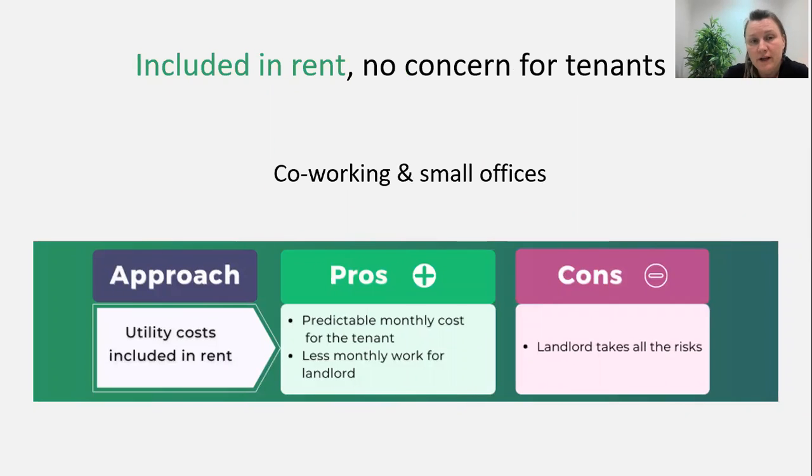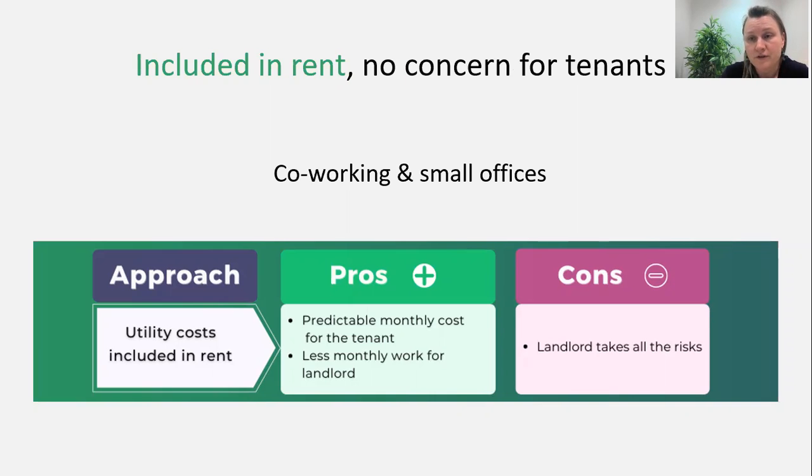Now, first of all, if the costs are all included in the rent and it's no concern to the tenant, this effectively is usable in situations where the costs are more predictable. This means that we're mostly seeing this in the case of co-working spaces and small offices, where tenants are fairly similar to each other.